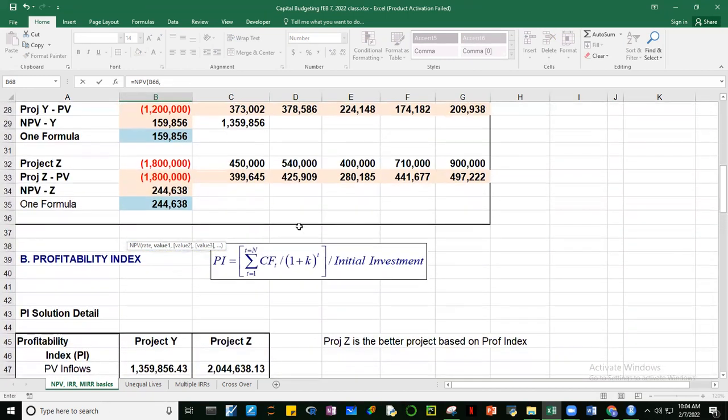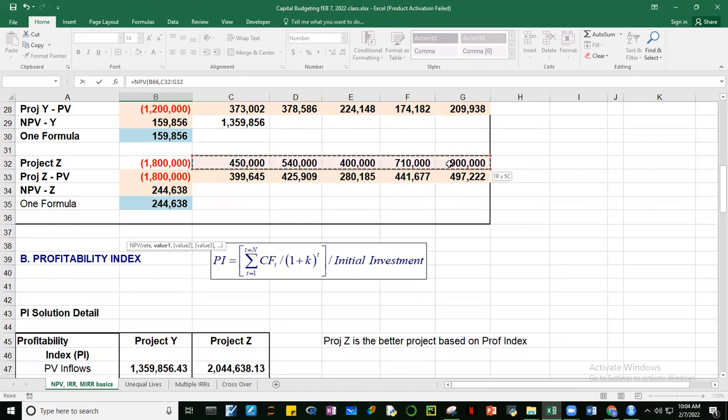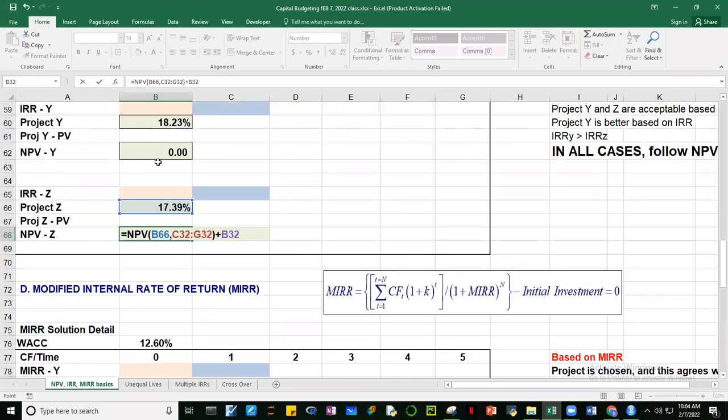Values natin, guys, yung mga from years 1 up to year 5 plus the initial investment. Okay, you also have 0.